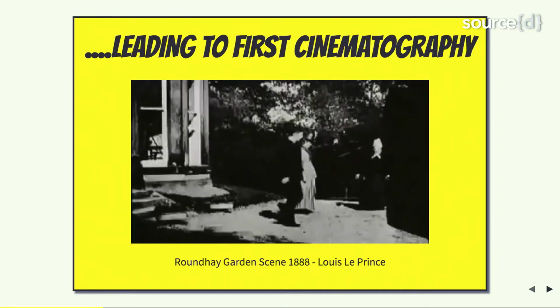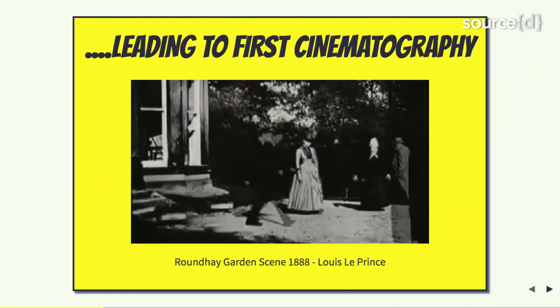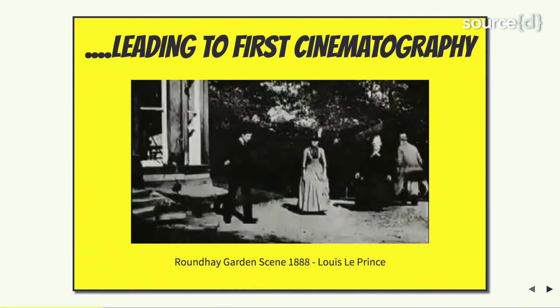And also very shortly after that, here, for example, you can see in 1888, just 10 years after Muybridge's Horse in Motion, we already have the first scenery movies, right? So if you look at that, it's quite fascinating. This is the very first movie, by the way. This is the oldest piece of film that we know of nowadays. And it's the whole movie already.